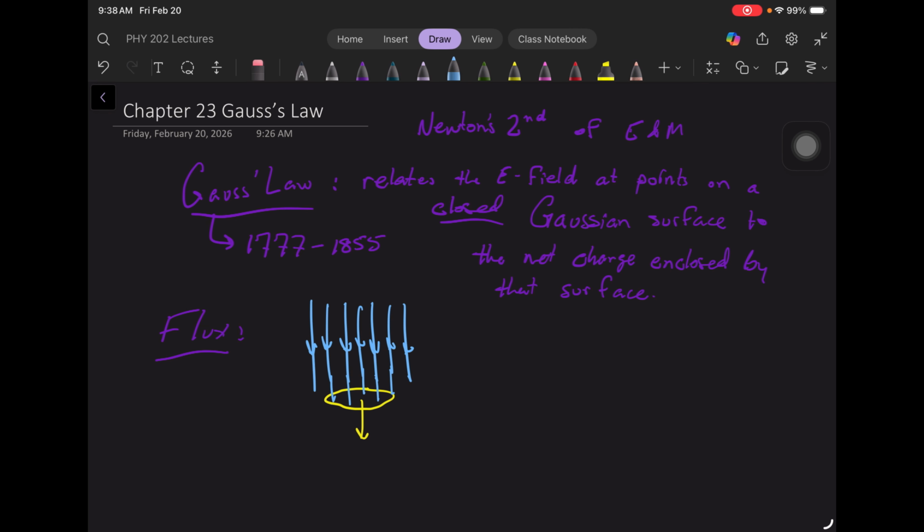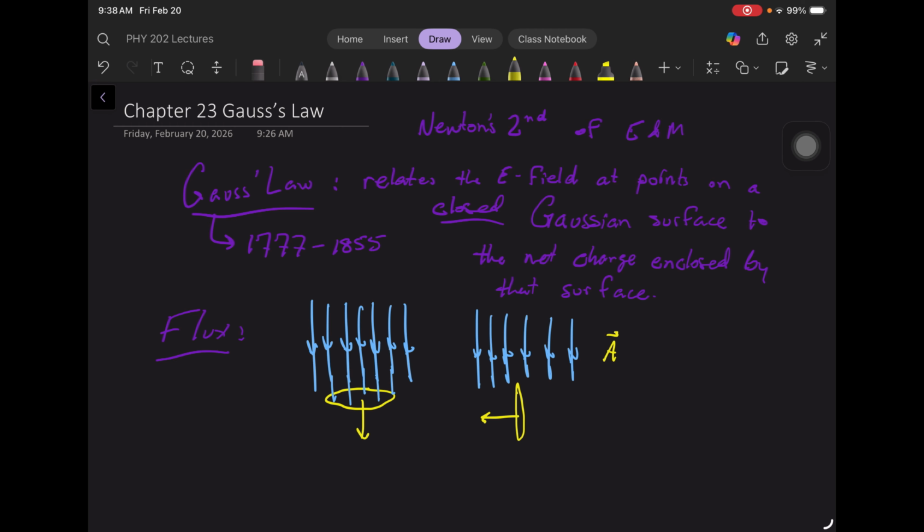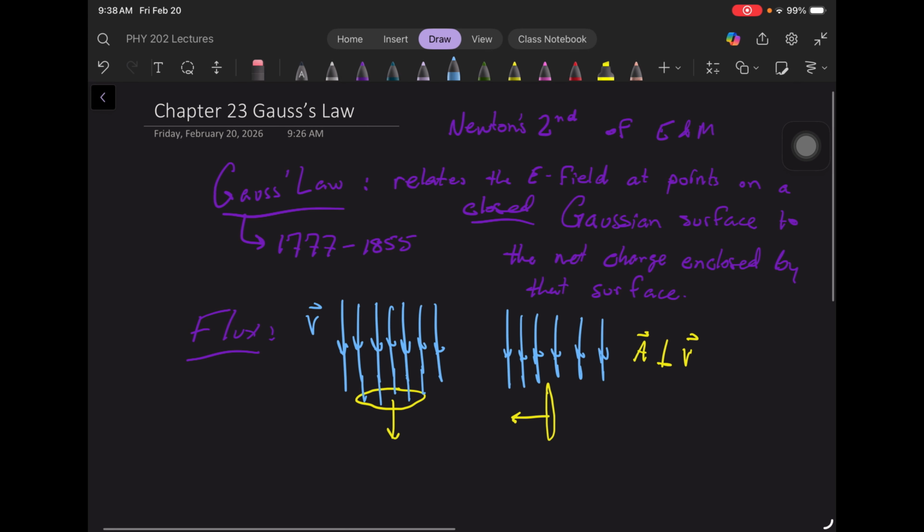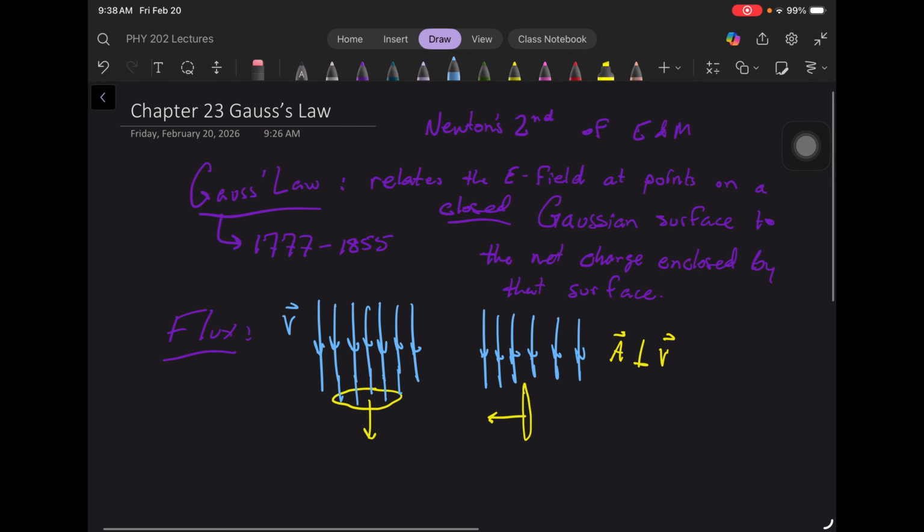If we were to take the exact same setup, and maybe now we take our ring and orient it like this, now we have the area vector perpendicular to the velocity.